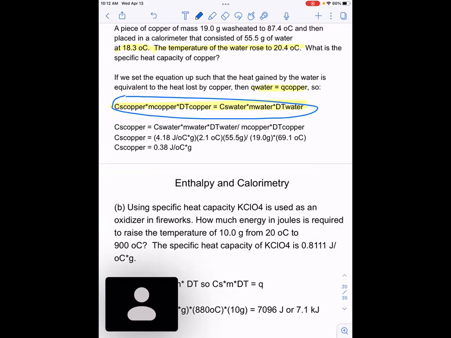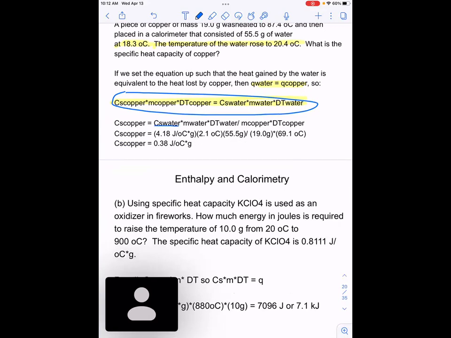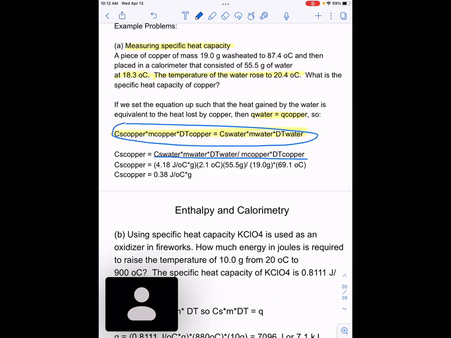So that's just a manipulation of this, which you see right here. You have the specific heat of water times the mass of water times the change in temperature of water, divided by the specific heat of copper times the change in temperature of copper. So copper, you see, has a different temperature change, right?